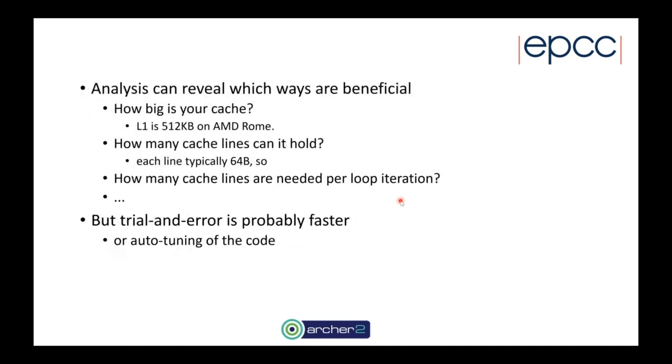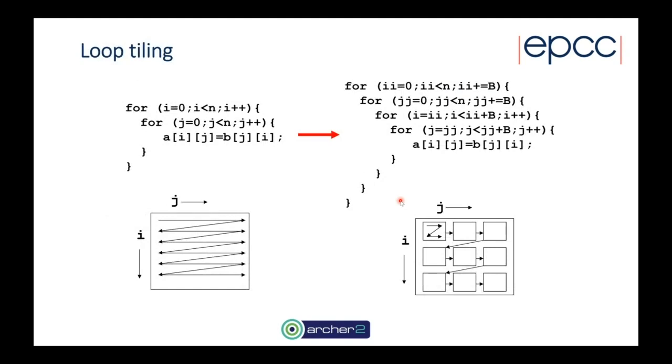So cache blocking is one of these ways, where we actually want to store chunks of data in the cache and then reuse that as much as possible. Cache blocking, or loop tiling, or cache tiling, takes an approach where we take our multi-dimensional array like this, and then instead of going through it contiguously in one dimension and moving on like that, we go through it in little chunks and reuse the data like that.